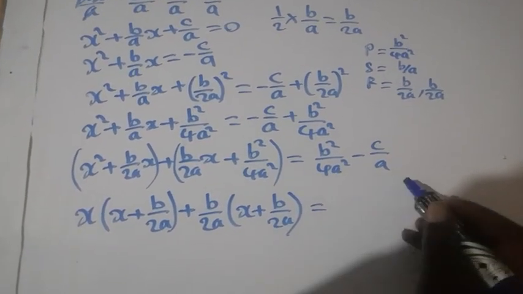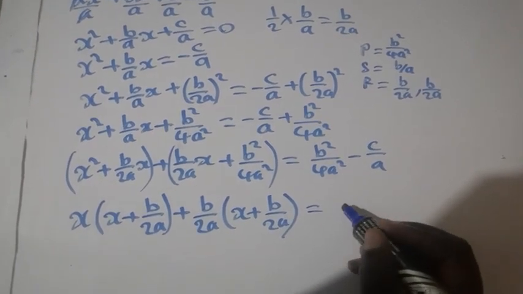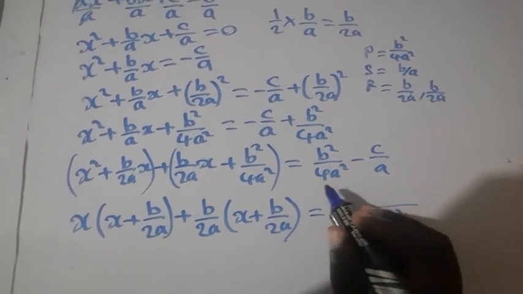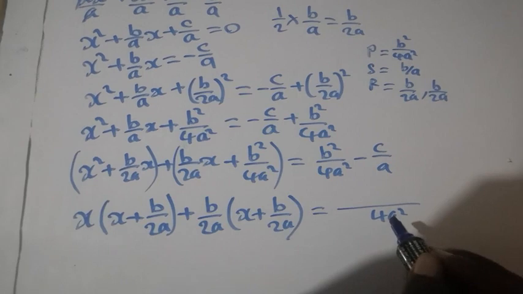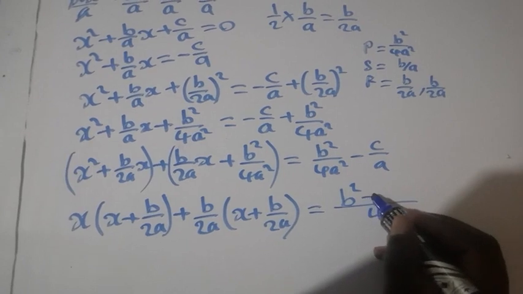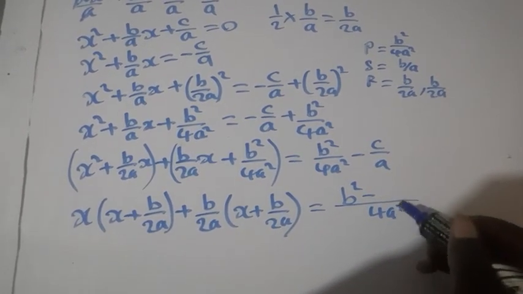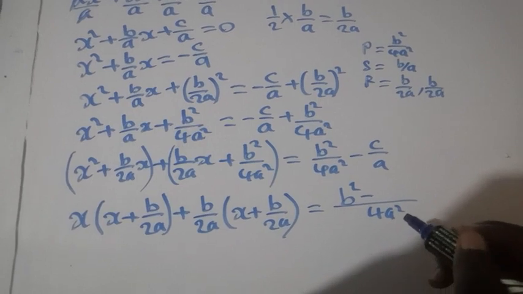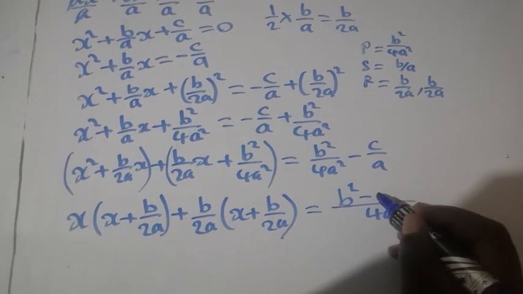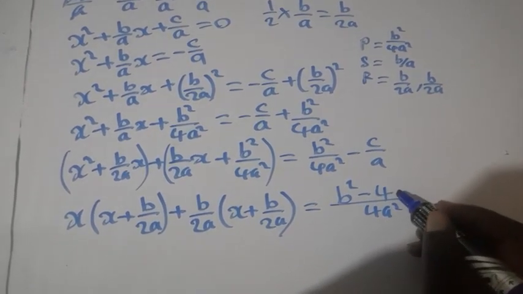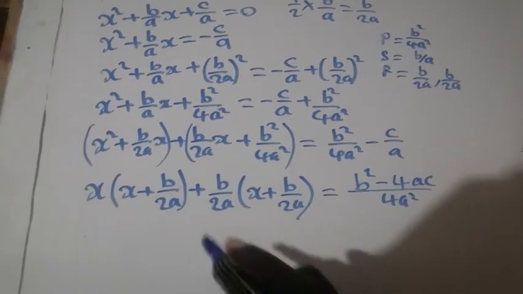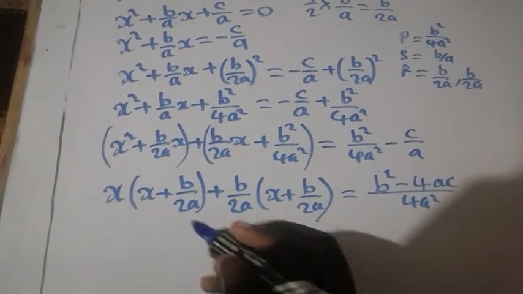This is equal to, the common denominator being 4a squared, 4a squared into 4a squared is 1, so 1 times b squared, which is b squared, minus a into 4a squared, which is 4a, times negative c, which is negative 4ac.